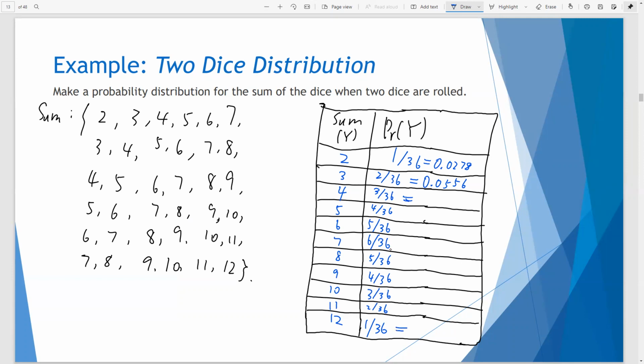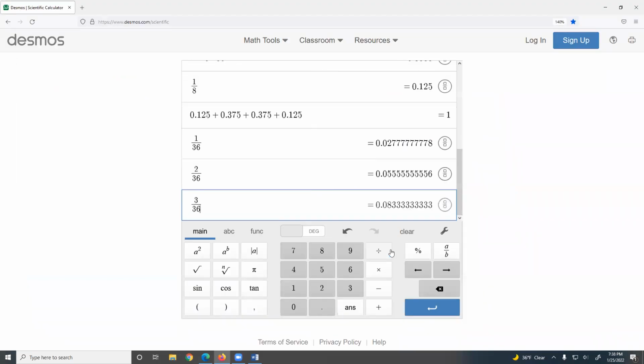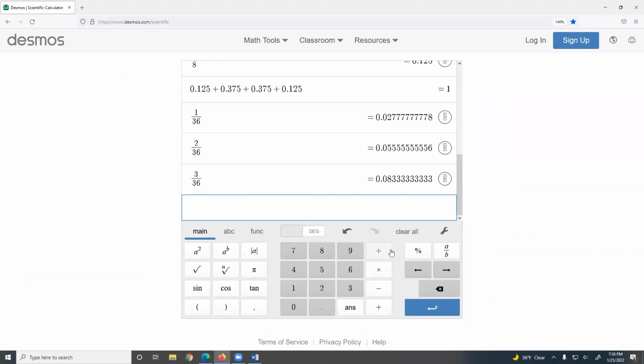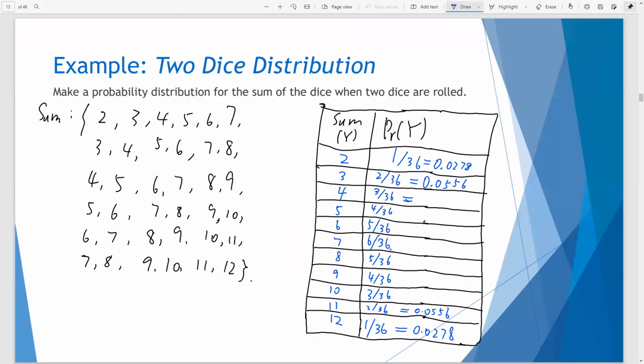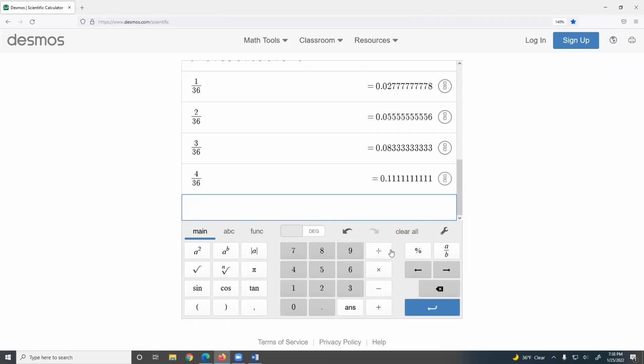Right, so on the bottom, we know that's 0.0278, and then we know that this one is 0.0556. Right, 3 out of 36, 0.08333. 4 out of 36, that's 0.1111.